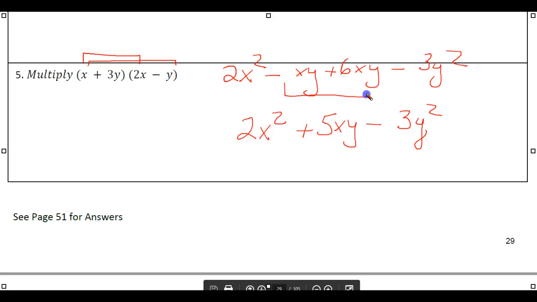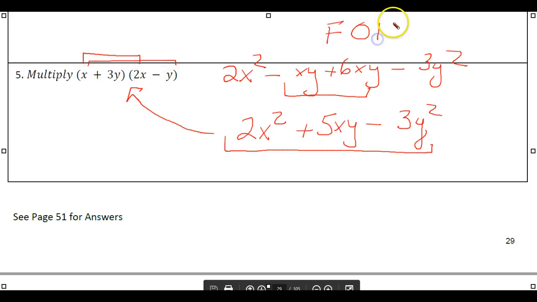Group our like terms, and we end up with this. So again, the key is we're going to see these trinomials later, and we'll want to know the technique of factoring them. And we are, in a sense, undoing the FOIL. So the use of the FOIL for these is where you want to go. All right, we'll wind this up.